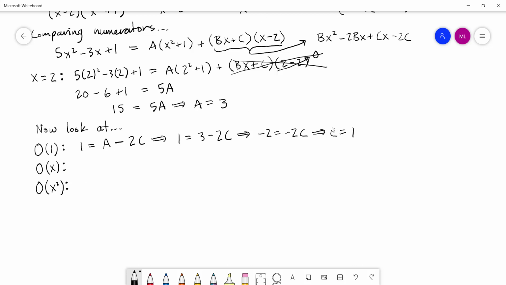And so I have A and C. I just need an equation that involves B now. I already know A and C, and we're good. So I just need an equation where the B survives. So I'm looking at the order x terms. On this side, I have a negative 3x. So I'm just going to write the negative 3 that multiplies that x. And on the other side, this doesn't give me any x terms, right?